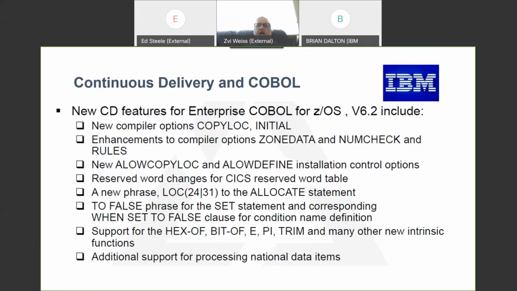Now, over here, this is the list of what we're going to be covering. The compiler options that are going to be added, enhancements to some of the rules that are used with the COBOL compiler. As you know, the COBOL compiler now has what I call a rules feature, which lets you flag what I'll call stylistic violations of your developers, as well as additional functions that have been added that now become part of the COBOL compiler itself.